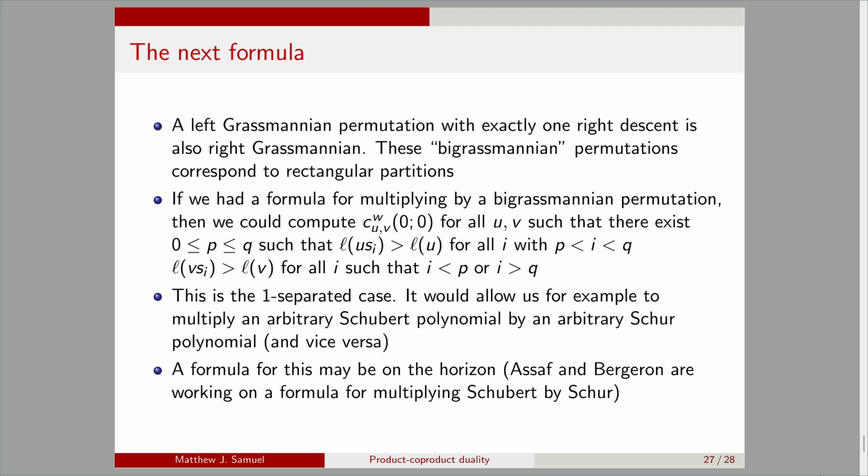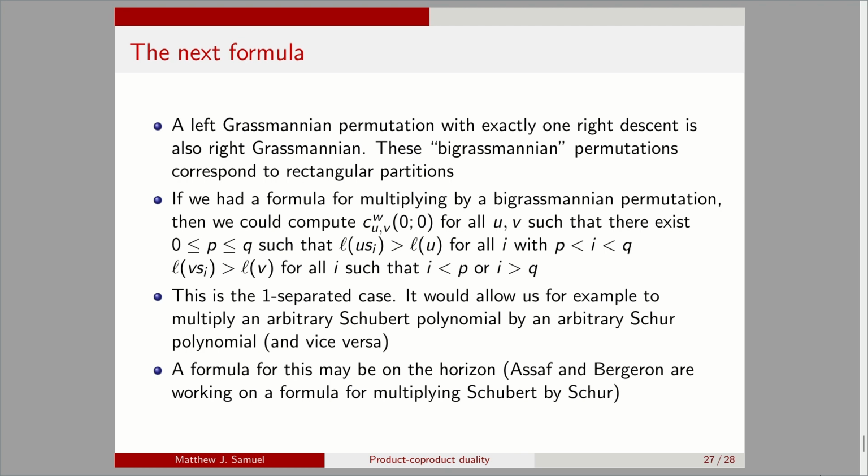So if we had a formula for multiplying by a bi-Grassmannian permutation, then we can compute c^w_{u,v}(0,0) for all u and v that are 1-separated. So there exist p and q such that the length of u s_i is greater than the length of u for all i strictly between p and q, and the length of v s_i is greater than the length of v for all i such that i is less than p or i greater than q.